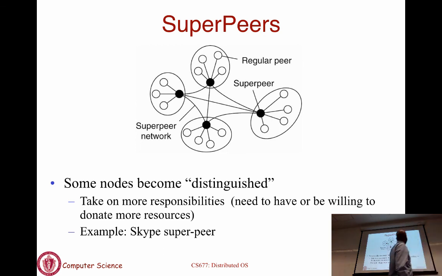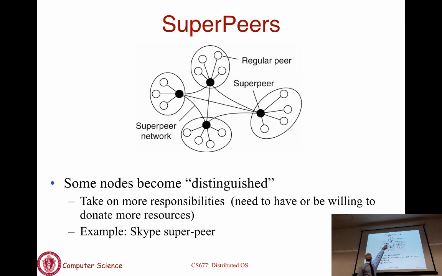So what is shown here is there are 4 groups of peers. Each group has chosen a leader. They are shown in the dark circles. Okay, the others are normal peers. The dark black circles are super peers. And the super peer will keep track of what is going on in its group of peers. So it knows every object that every one of these peers stores.